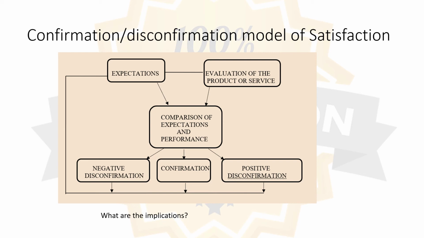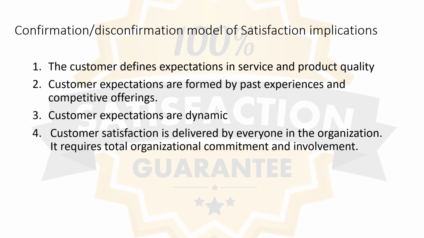Okay, so what about the other implications and notions associated with the confirmation-disconfirmation model of satisfaction? All right, well, first off, the customer defines the expectations, and in reality, the customer also subjectively determines whether or not the expectations were met. Customer expectations are formed by past experience, competitive offerings, and, of course, the most recent experience with the good or service.